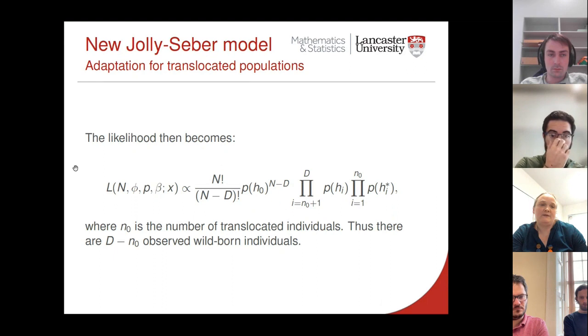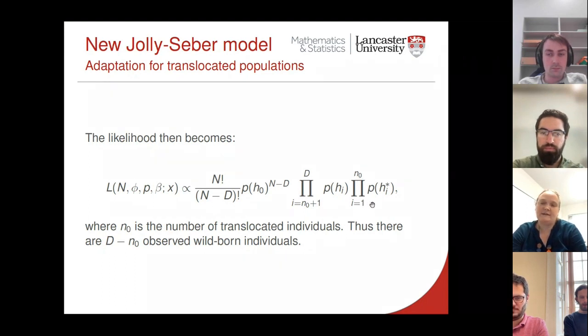So essentially, the adapted likelihood that we've got for these translocated populations looks very similar to the Jolly-Sieber model we had before. But we've now just got this additional term, which corresponds to the probability of observing those translocated individuals.